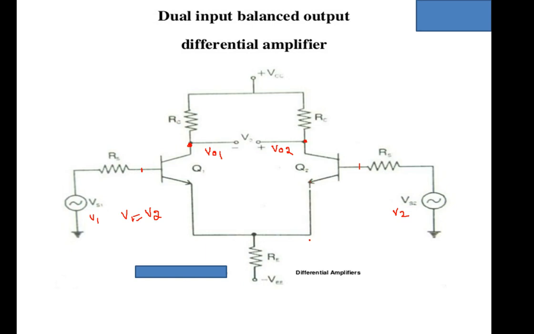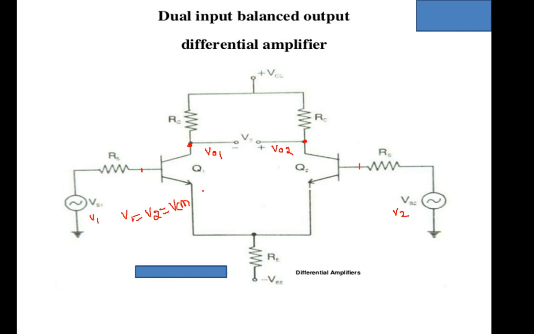And these are emitter coupled transistors and the VCC is also applied. So I am taking both the inputs the same, that is common mode. So V1 equal to V2 equal to VCM.